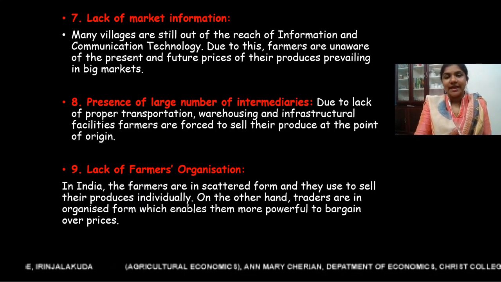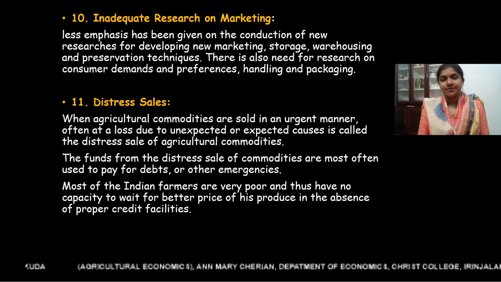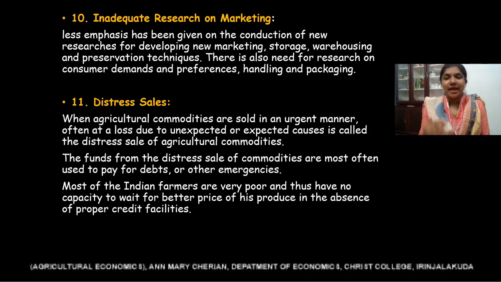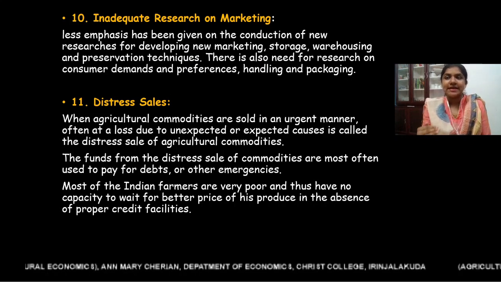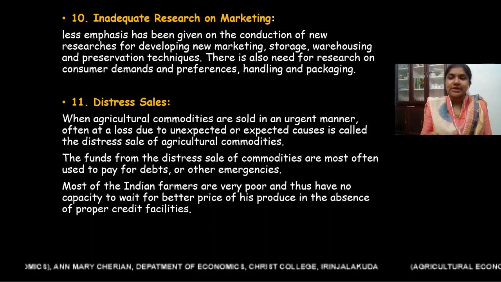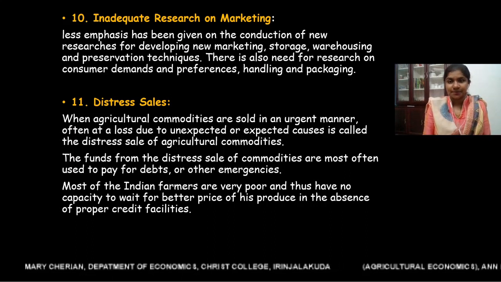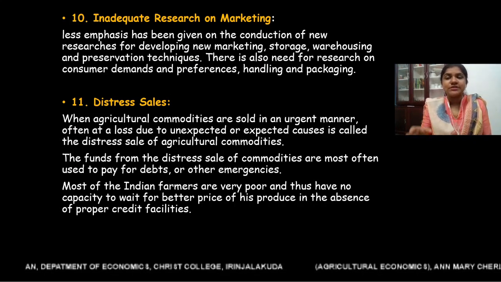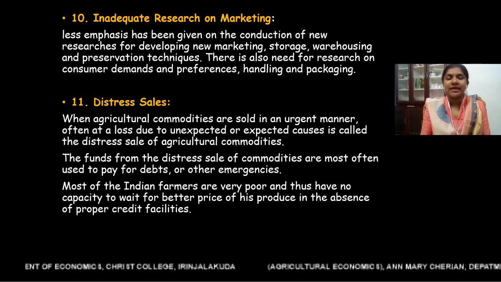Now, moving on to the next issue, inadequate research on marketing. All the efforts of the government are directed towards maximizing the agricultural production, but less emphasis has been given to research for developing new marketing, storage, warehousing, and preservation techniques, etc. So there is a need for spending more money and more time on research on marketing.